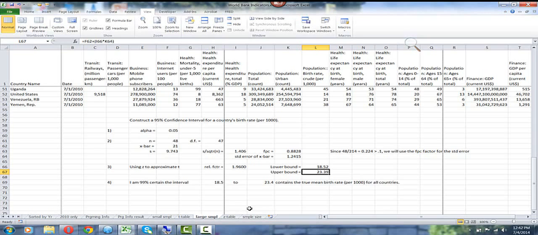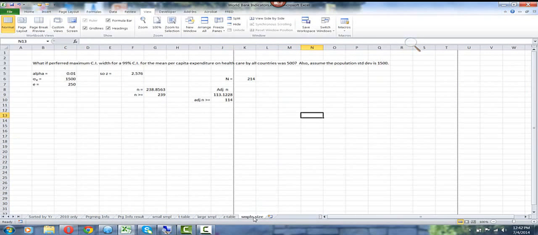Now when you start to get to 90%, 80%, things like that, then it's not going to be quite as likely, and that's why we say confidence, or 99% confidence, 90% confident, and so forth.